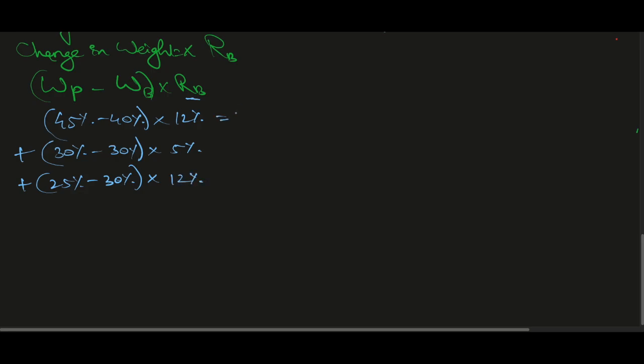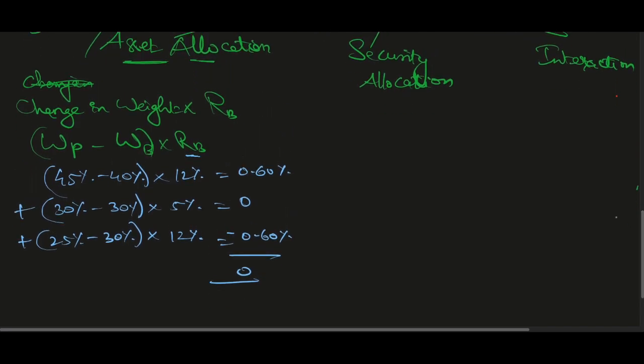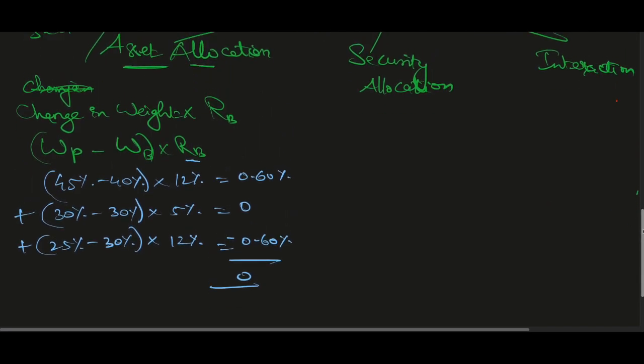So this comes to 0.60 percentage, minus 0.60 percentage, net 0 asset allocation. So no difference because of change in weight.